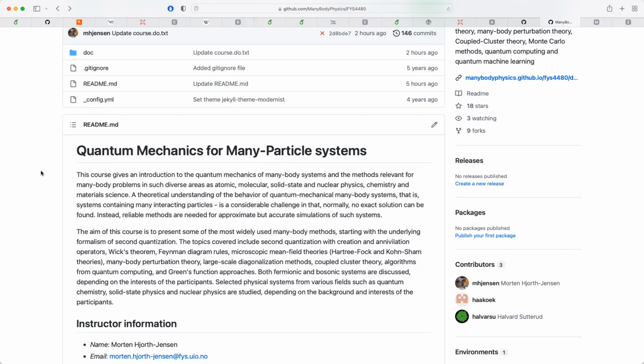Yes. It solves much of the problems, but if you also want to study dynamical phenomena, then you also need to move to the time-dependent domain. But this is the starting point for this. So I did my master thesis and also my PhD. I guess this is my 5th year on many-body.